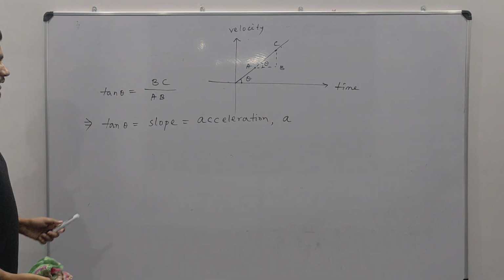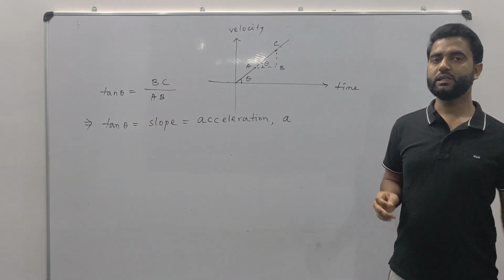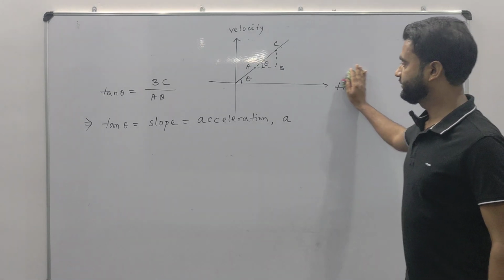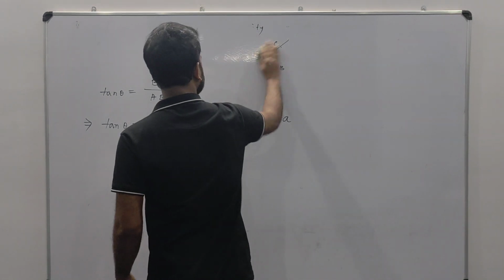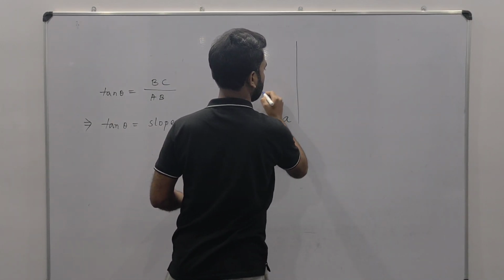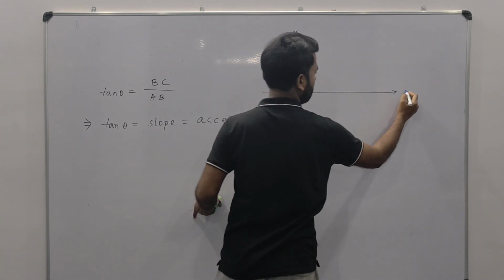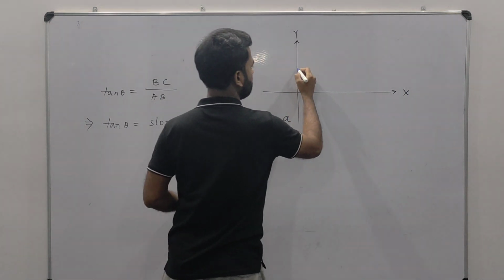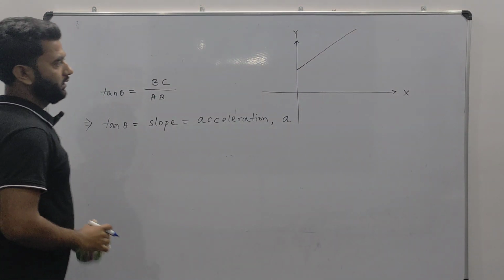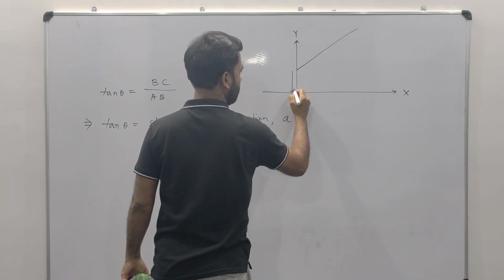Now, if a particle is starting its motion with an initial velocity u, then the graph will look like this. Initial velocity means u.